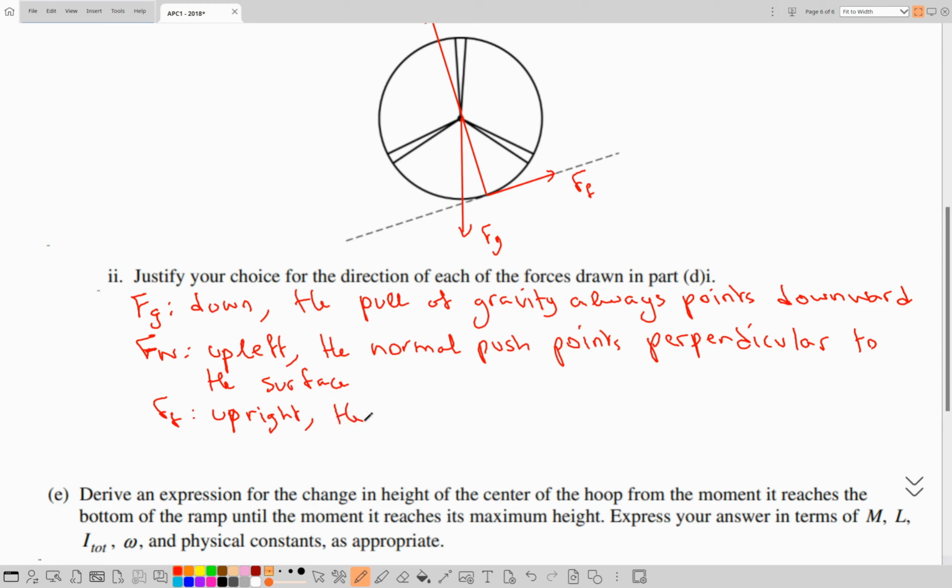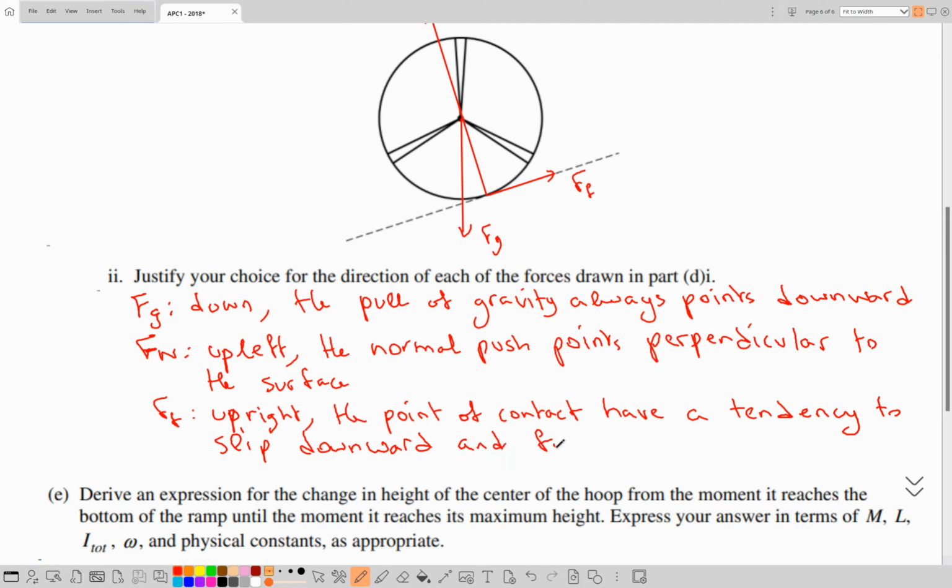As we have mentioned, the point of contact has a tendency to slip downward, and friction points in an opposite direction.